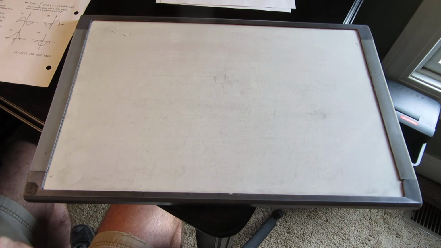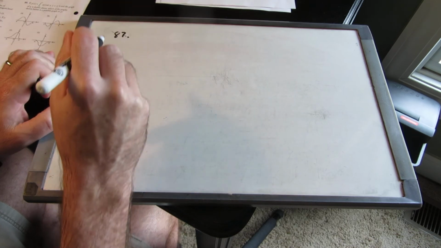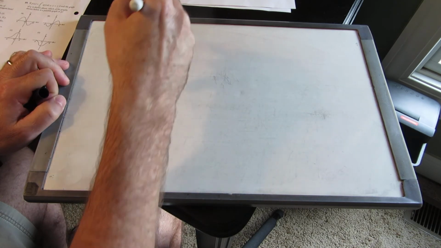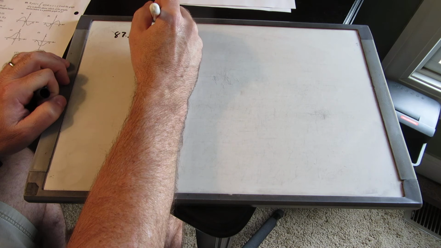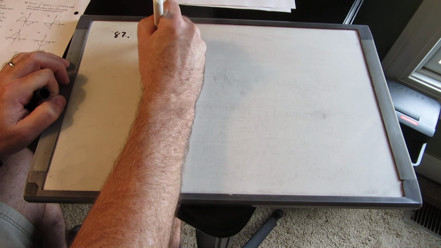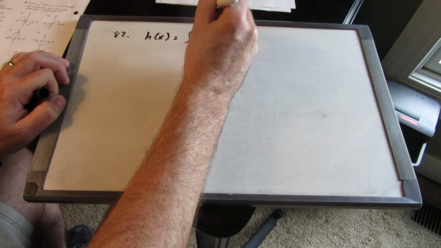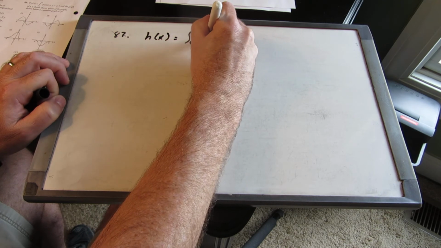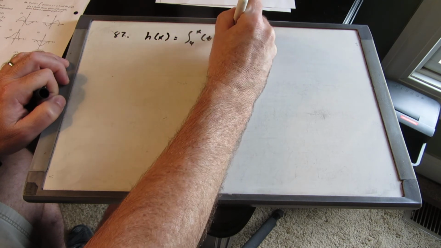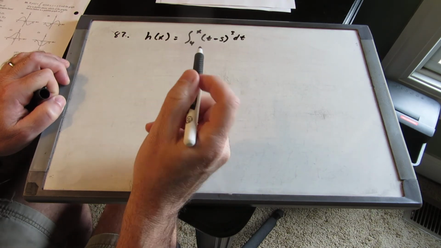Okay, 87. You've got to realize that if h of x is equal to the integral from 4 to x of (t minus 5) cubed dt, this is one of those fundamental theorem of calculus part 2 problems.